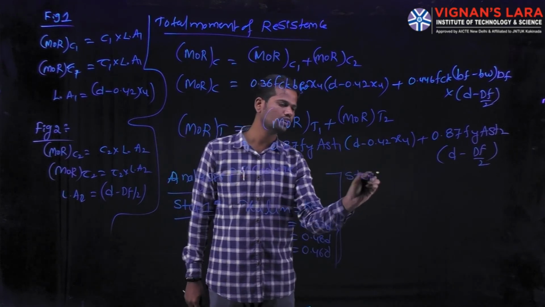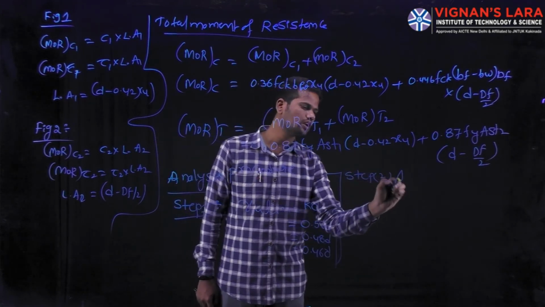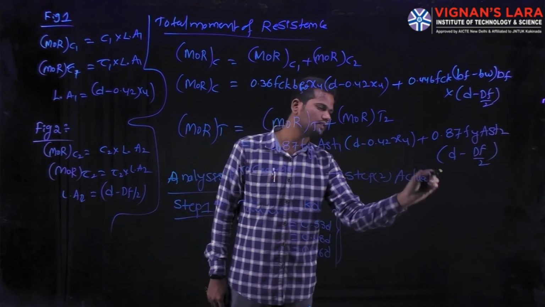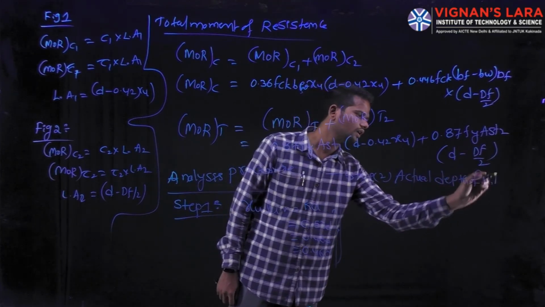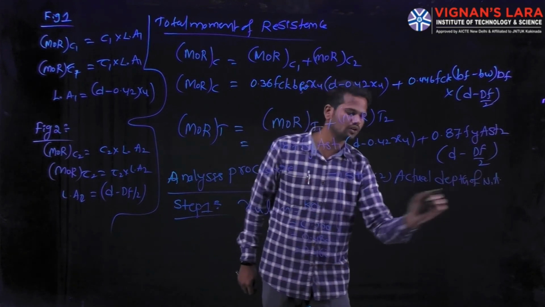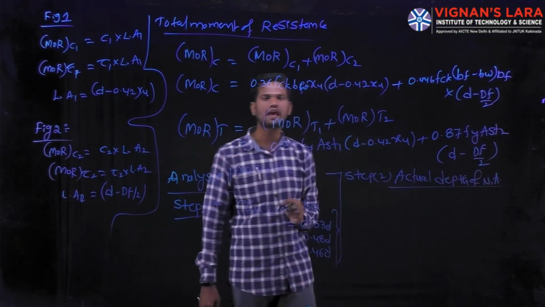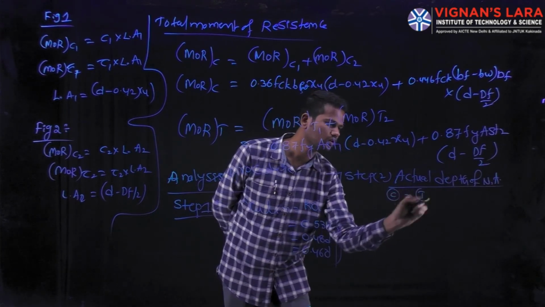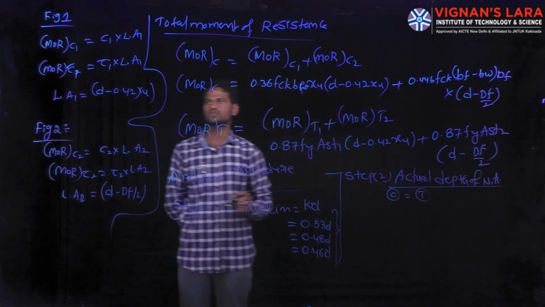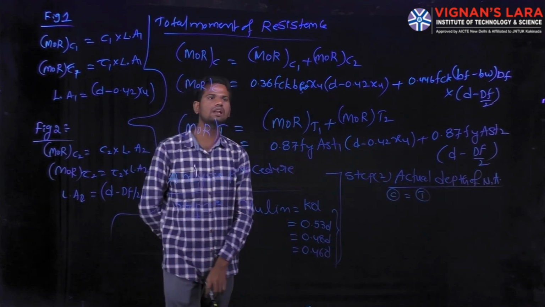Step 2, I am writing here the actual depth of the neutral axis. How do we get the actual depth of the neutral axis? Total compressive force equals total tensile force.